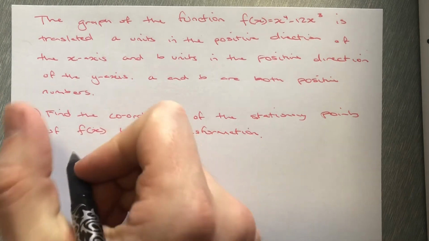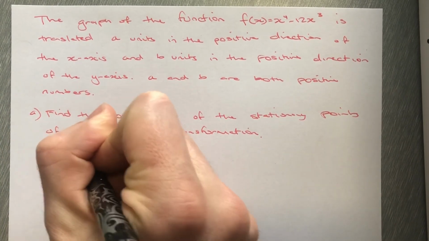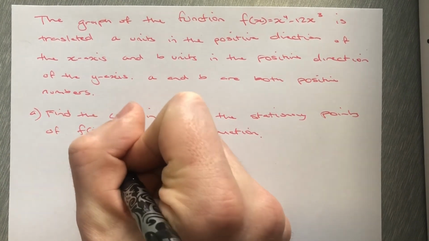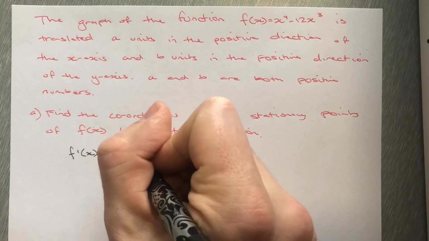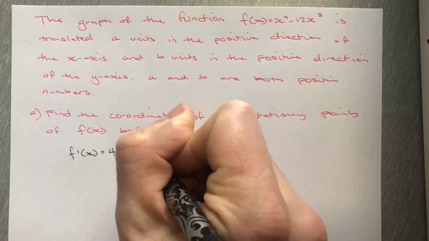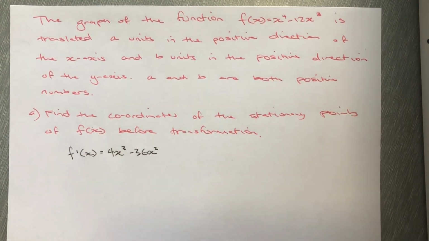So I'm going to put the derivative here, so you guys can hopefully do this reasonably quickly now. There you go, we've got our derivative. And we want to know the values of x where the gradient is 0.